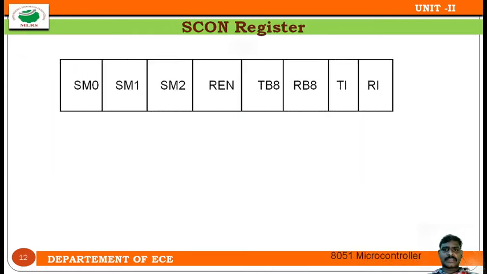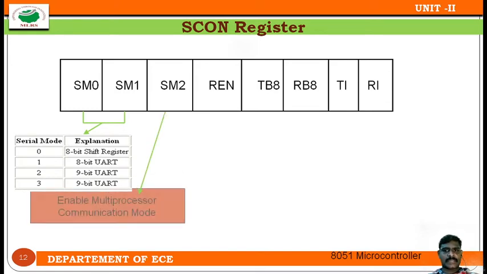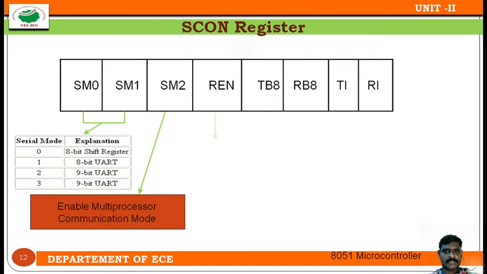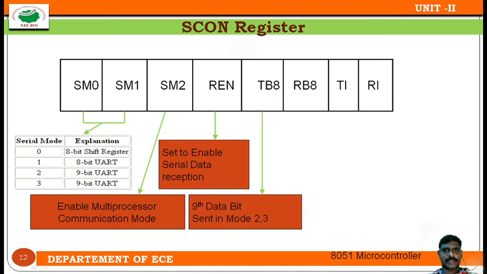So the next register is the SCON register. The SCON register is again an 8-bit register used to program the start bit, stop bit, and other data bits and data framing, among other things. Here you are seeing the 8-bit format of the SCON register.